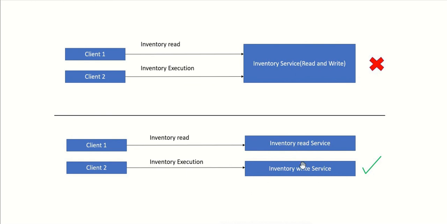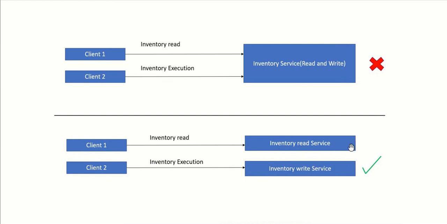Again, I'm telling you about the granularity. You should not break the inventory read service into further microservices. For example, an inventory balance microservice, then an inventory details microservice, and then an inventory store keeping unit microservice. No, don't do that.